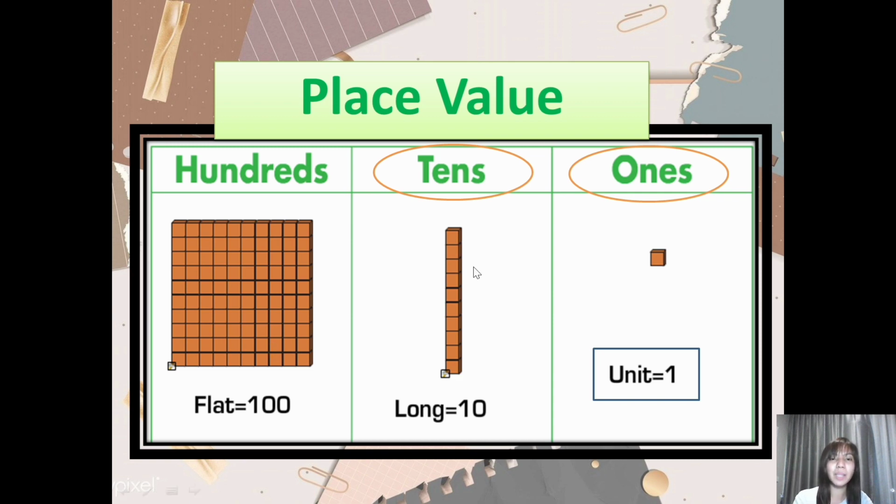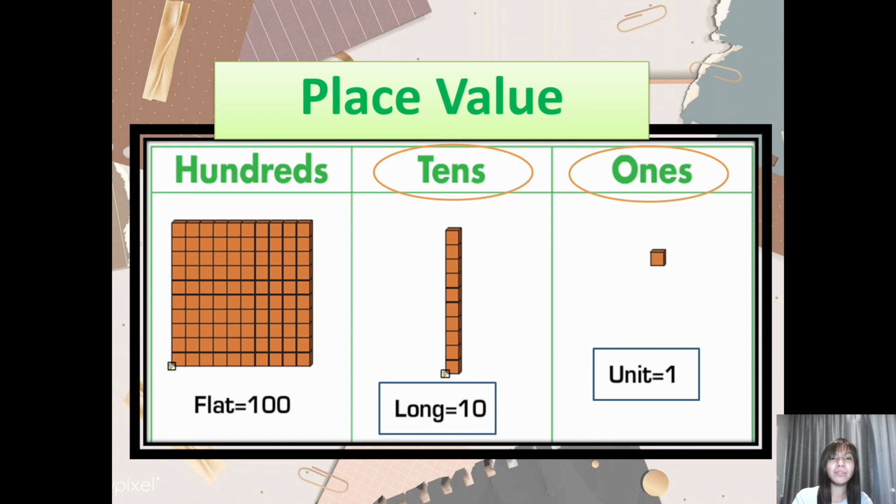So for example here, if one small box represents 1 unit, how many units do we have? If you count, 1, 2, 3, 4, 5, 6, 7, 8, 9, 10. So it is 10 units. So that is called a 10. Alright? By 10.